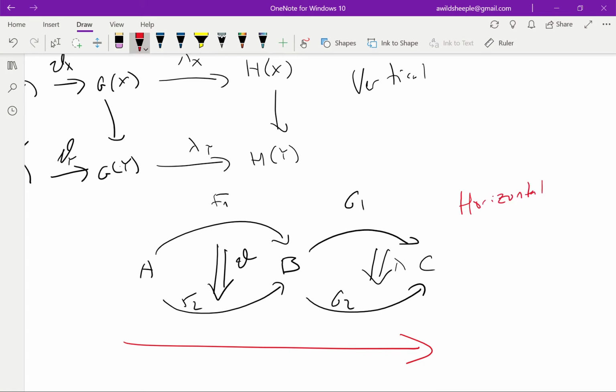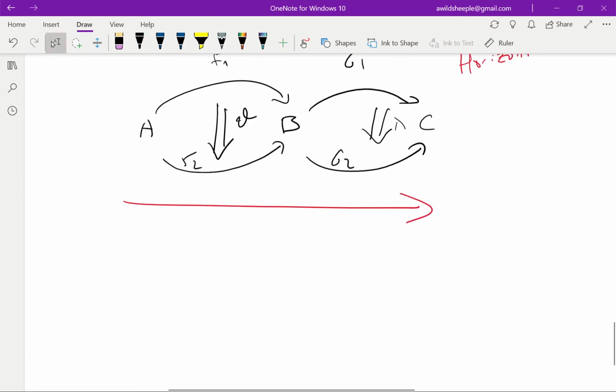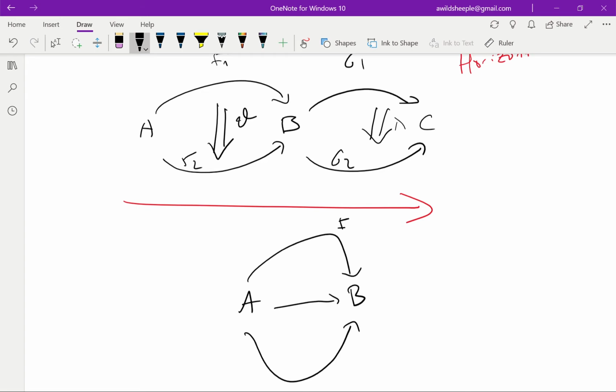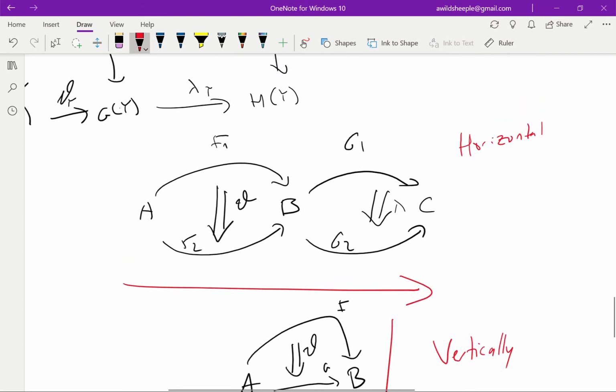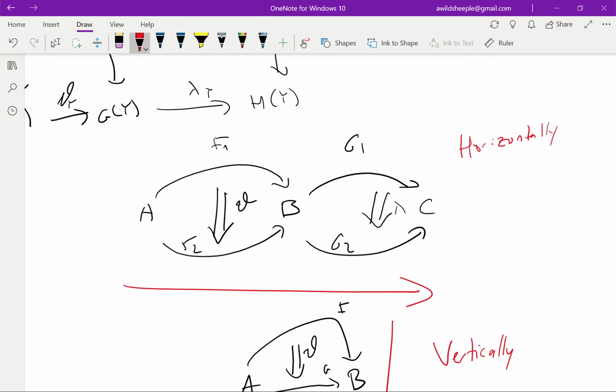And now it's probably pretty clear why we call this vertical, because in the other setting, we had just two categories, and we had three parallel functors, which I'll really exaggerate, F, G, and H, and then we had natural transformations that are now running vertically. Just for the sake of consistency.